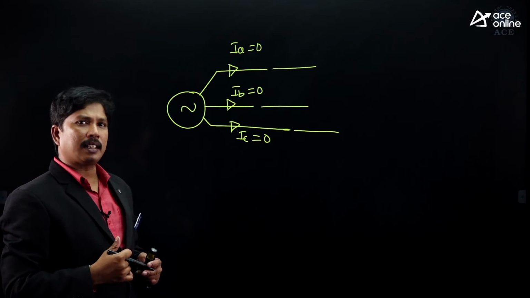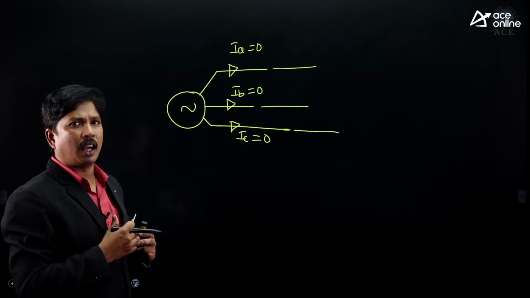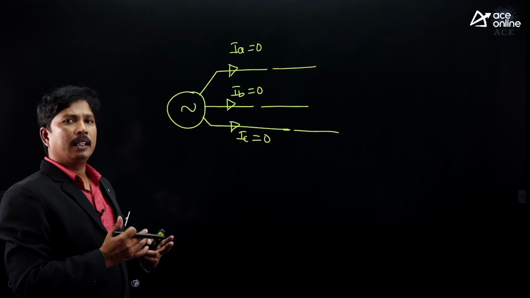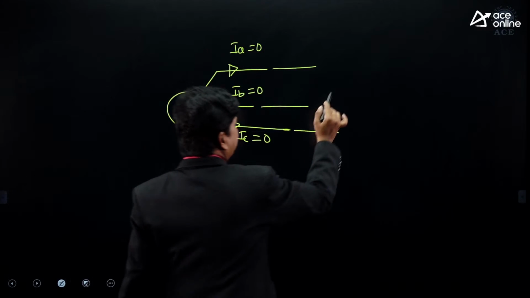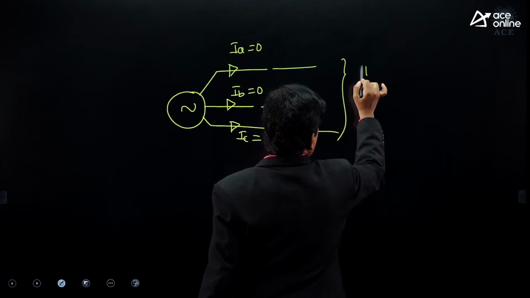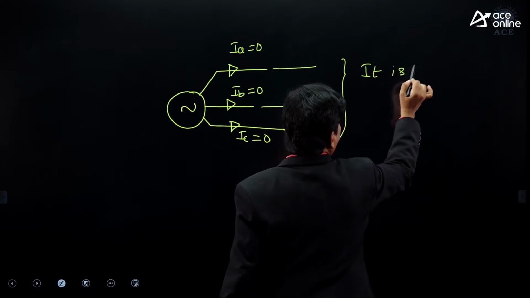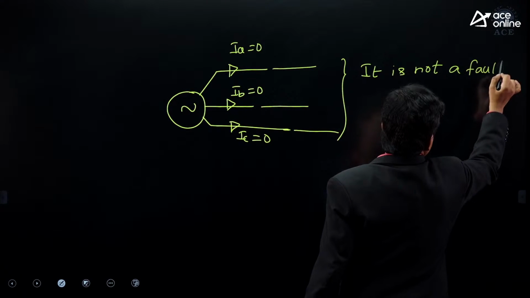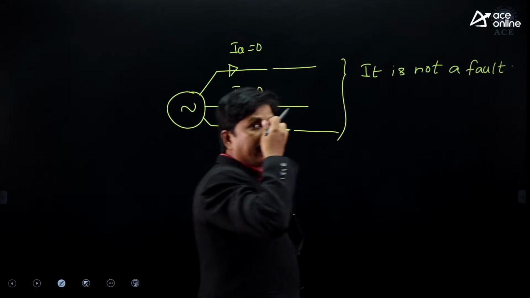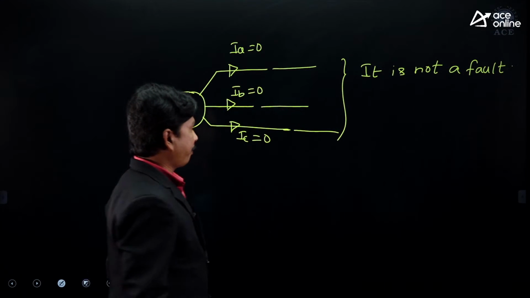When all three currents are equal to 0, we cannot say it is a fault. We can say the generator is operating under no load condition, right? It is not a fault.